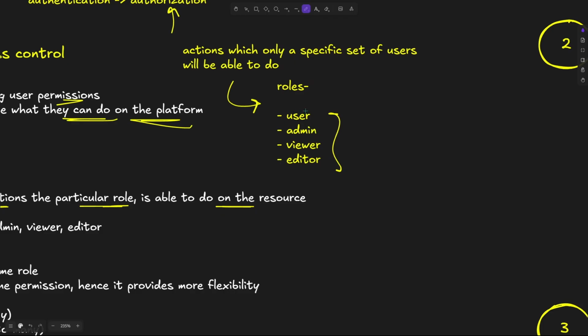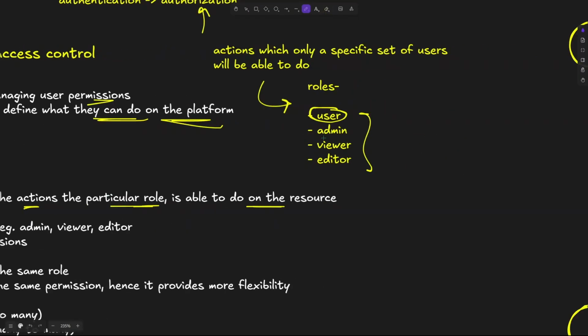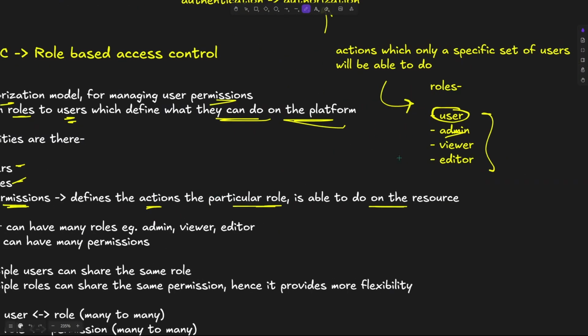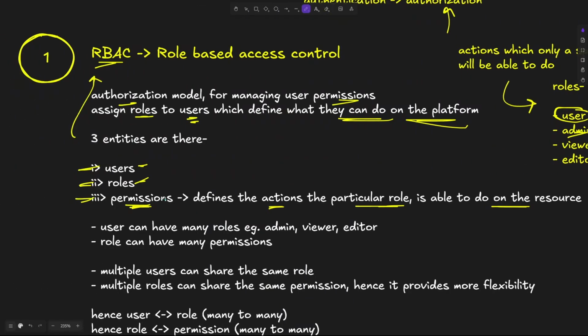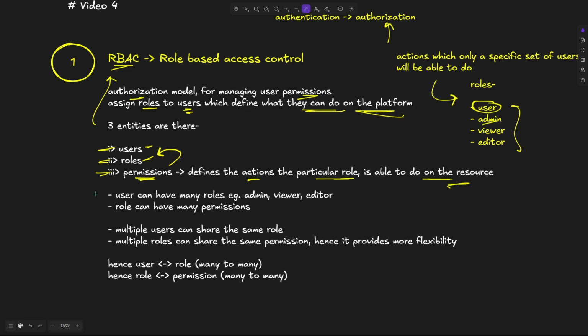What actions the user role can do on the platform is defined by permissions. What actions the admin can do is defined by permissions. Similarly, permissions are defined for each and every role, which tells what specific role can do what sort of action on the platform. I believe the point is clear.